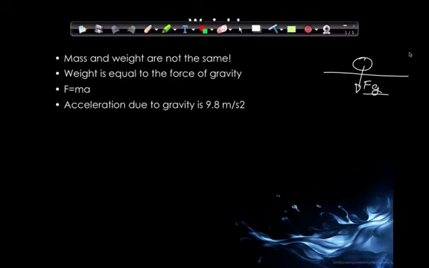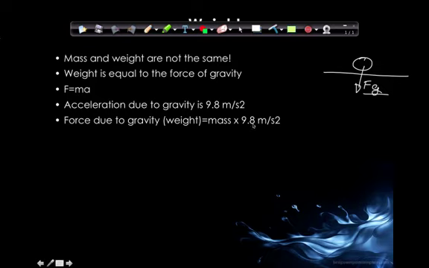Now, the acceleration due to gravity is special because it's 9.8 meters per second squared. So it's something that we know. If we're looking at weight, basically, we take the mass and we multiply it by 9.8 meters per second squared.